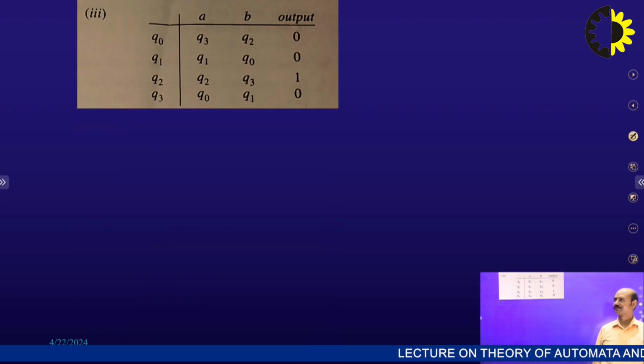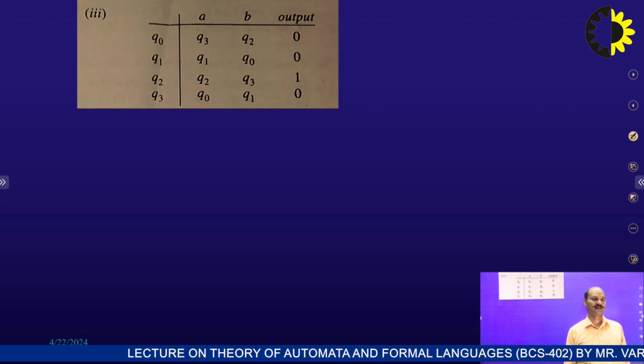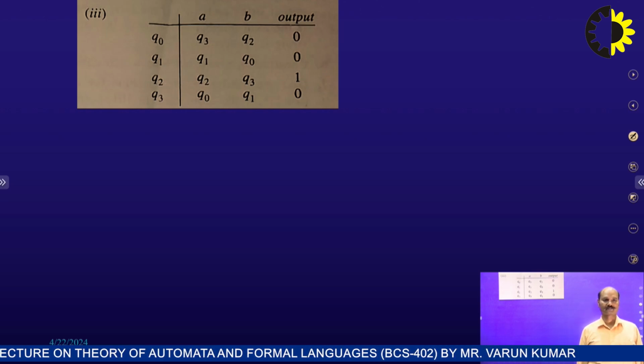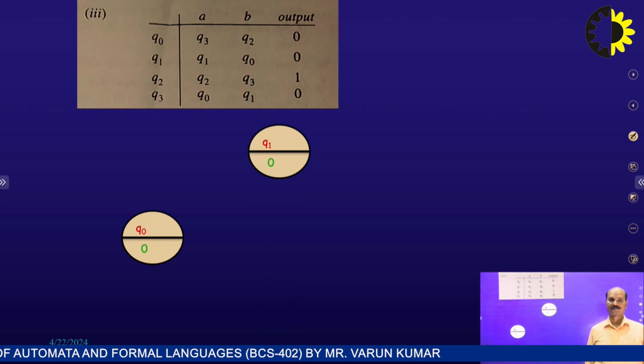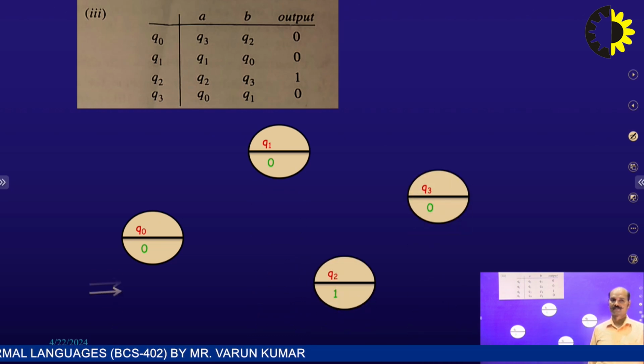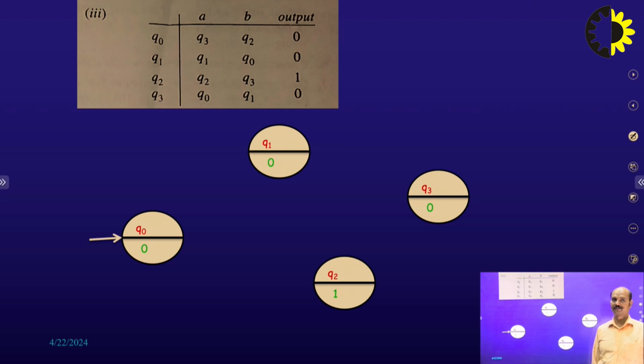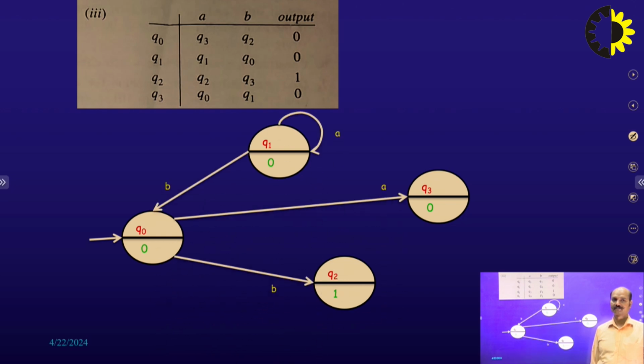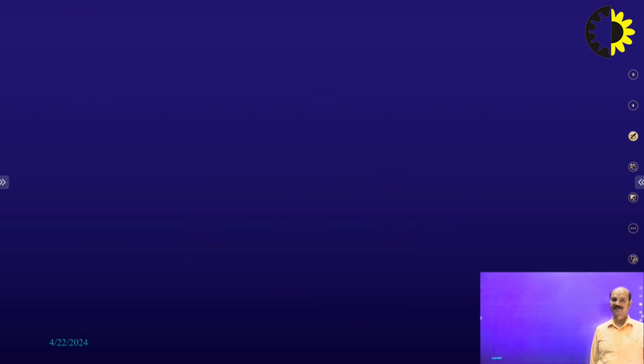Similarly, you can draw this particular table into a diagram. There are 4 states, with output Q0 0, Q1 0, Q2 1 and Q3 0. Then put all the transitions. This is the whole transition.